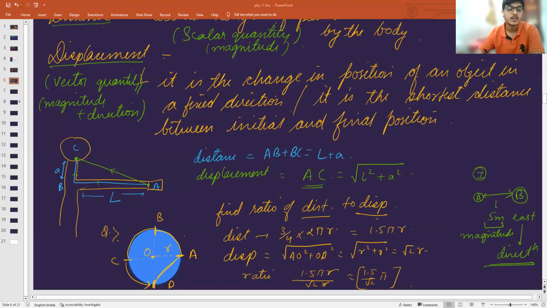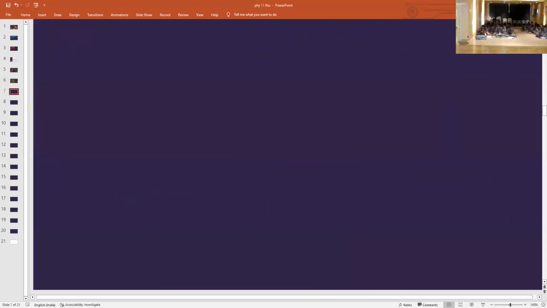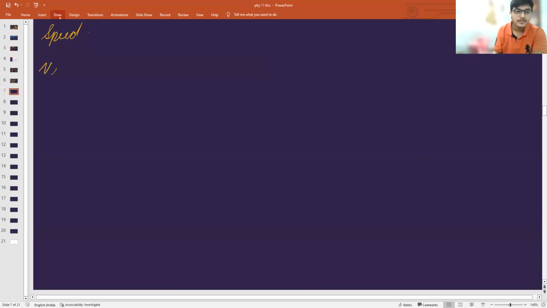Okay. Now see here, we have two terms, speed and velocity. Speed is the rate of change of distance. What do you mean by rate of change of distance?